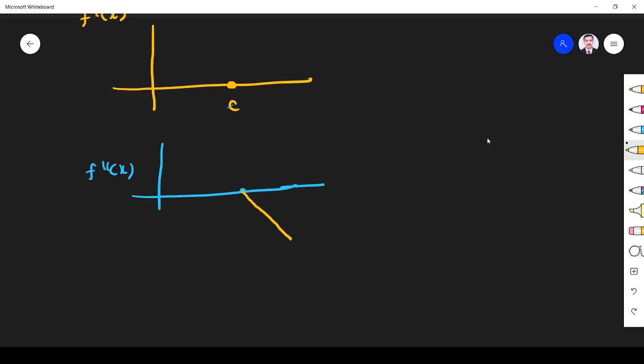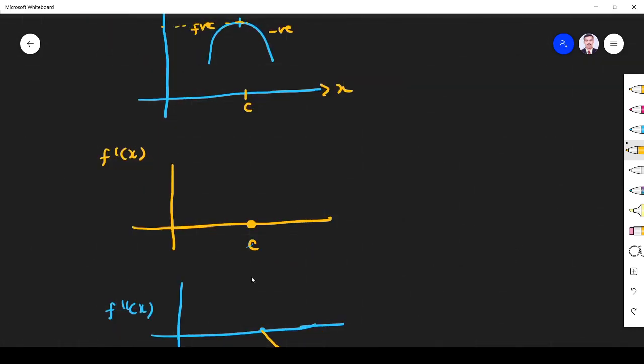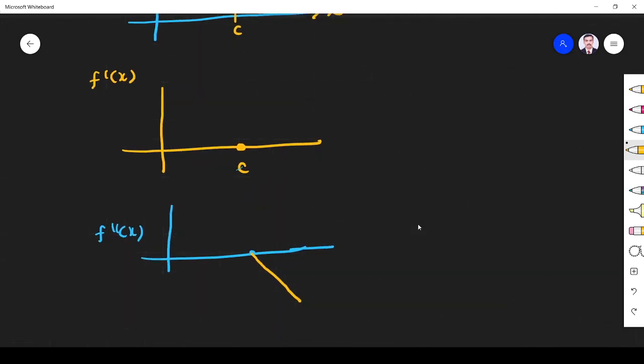Before this point c, the slope is positive. So if you take the derivative, it will give a positive slope, because the derivative gives the slope. Sorry, totally it has a negative slope, because the total slope is negative.